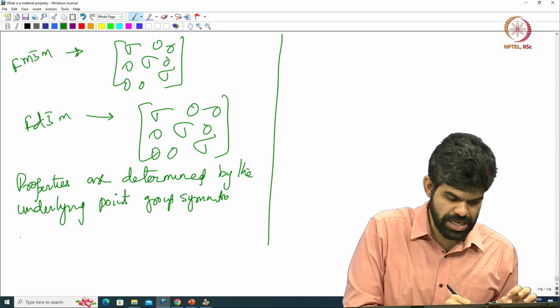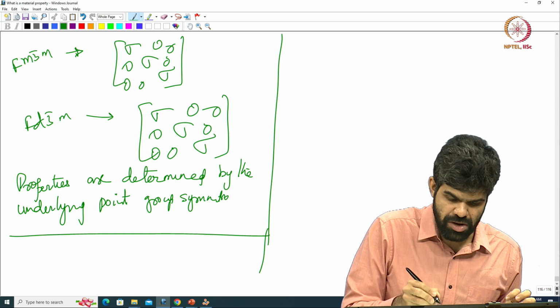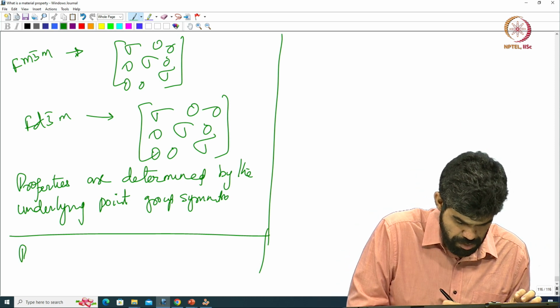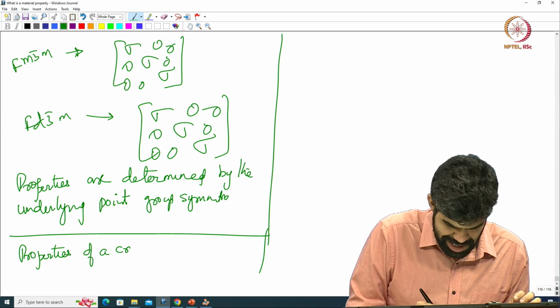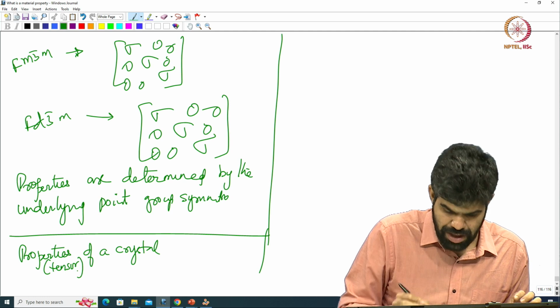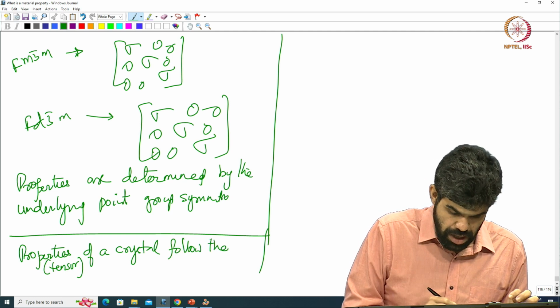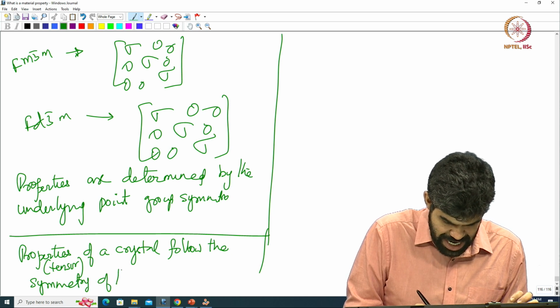So, that's an important point: properties of a crystal, which are tensors, follow the symmetry of the underlying point group.